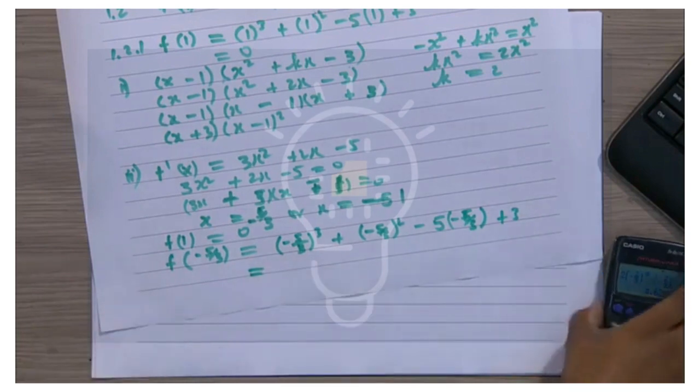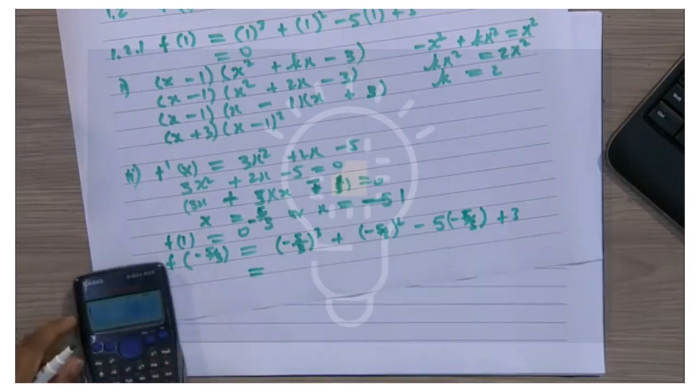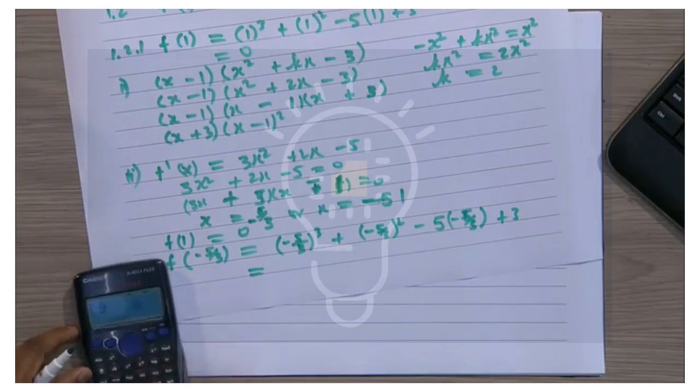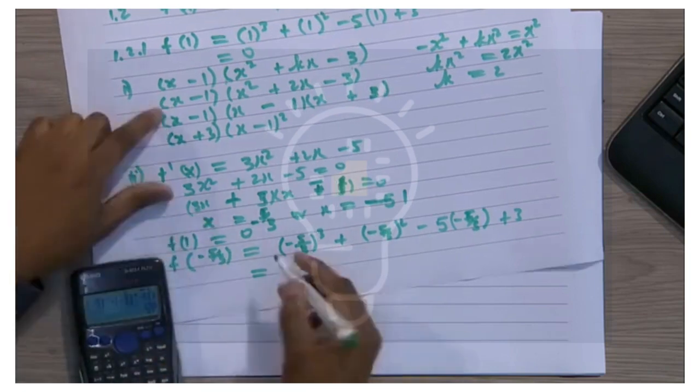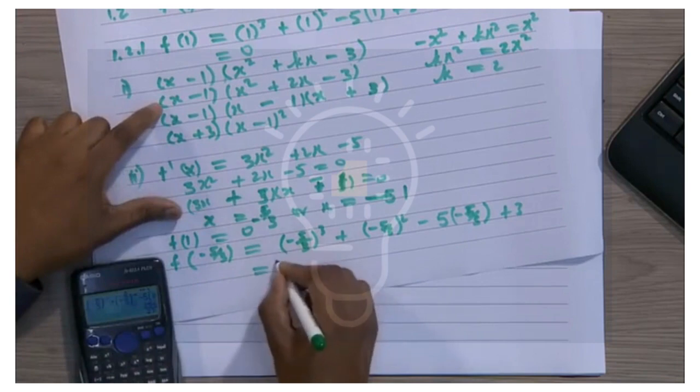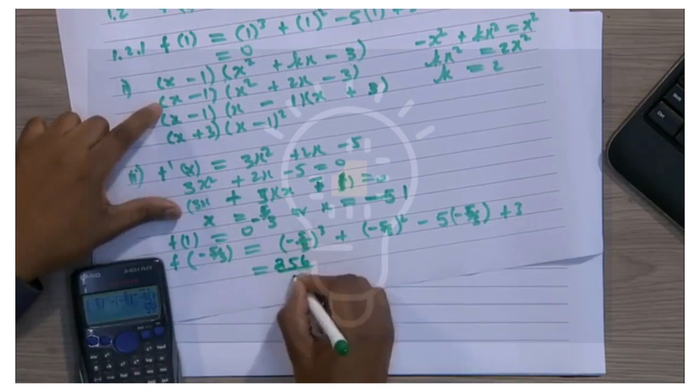Now, if we take our calculators and punch that in quickly, the answer that I'm having, I believe that you're also getting the same answer, 256 over 27.